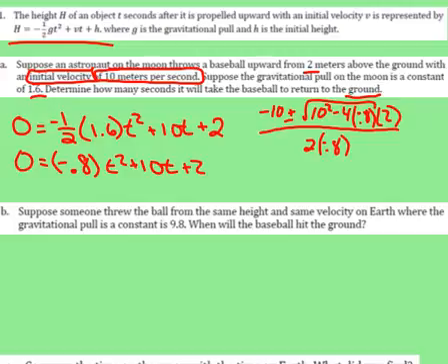So then I'm going to have negative 10 plus or minus the square root. I would have used a calculator: 10 squared equals 100. Then I multiply 4 times 0.8 times 2, which gives me 6.4.